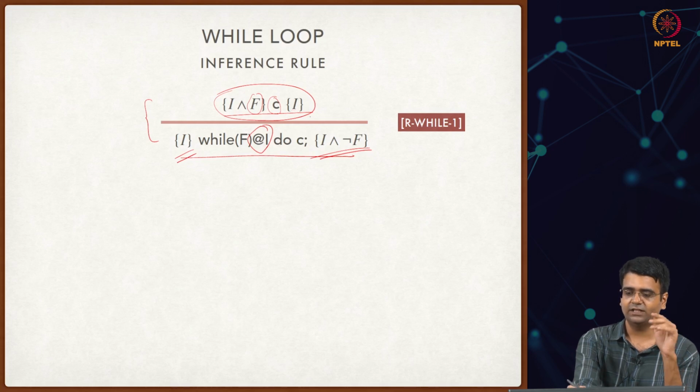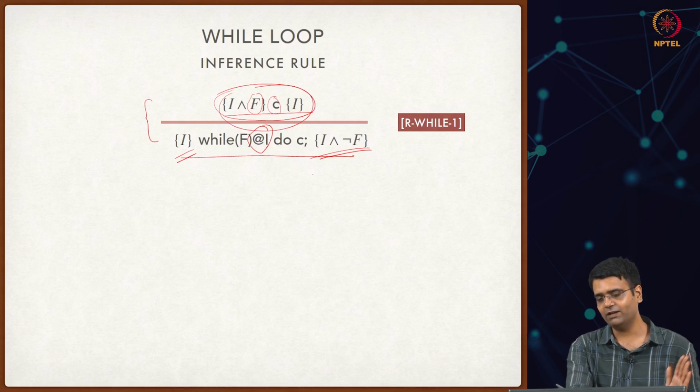So therefore I is indeed a loop invariant. If you start the loop in a state which satisfies I, then my premise is going to guarantee that you are never going to leave this set of states I, so you are always going to remain in the set of states I.